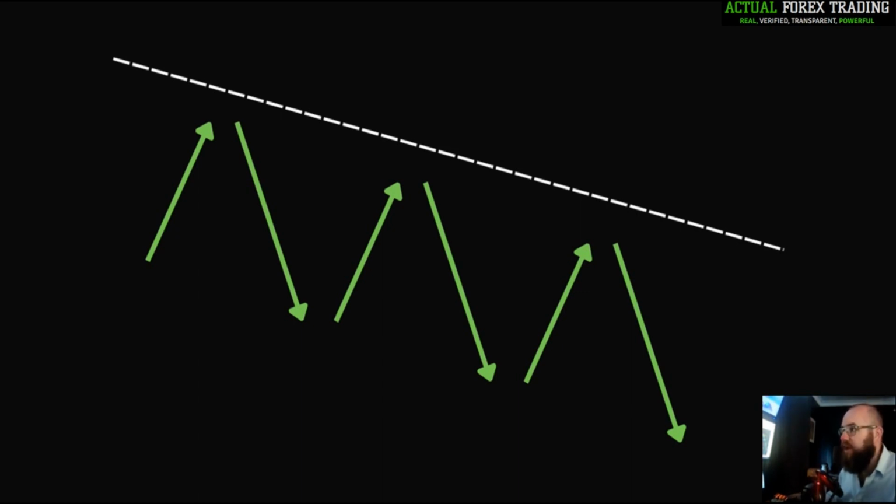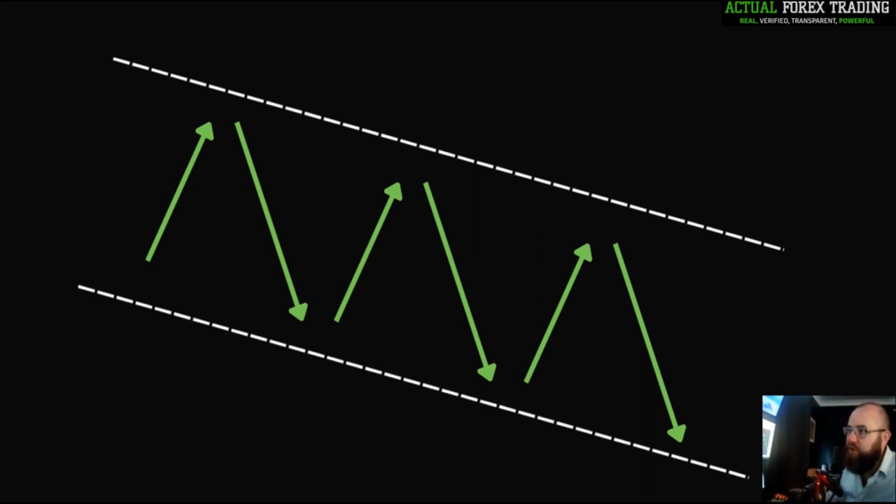So here we have a diagonal resistance. This is formed by the swing highs. We have a downtrend. So it's a diagonal resistance area. Price is hitting this area and reversing down. It's pushing price down. And once again, we can create a channel, this time a bearish channel. So you have bullish channels that go up, bearish channels that go down, horizontal channels that move sideways.